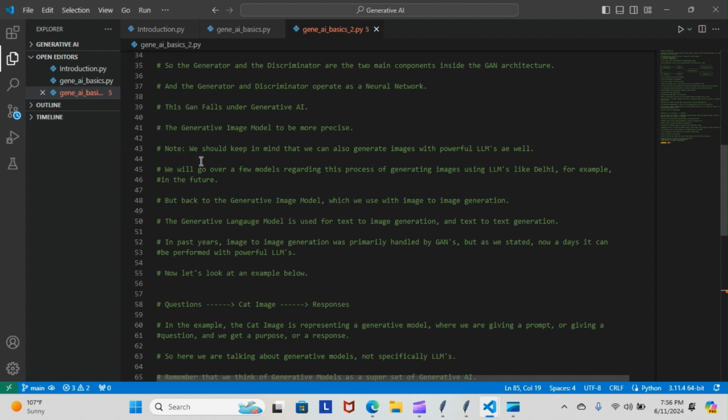But note, we should keep in mind that we can also generate images with powerful LLMs as well. We will go over a few models regarding this process of generating images using LLMs, like DALL-E, for example, in the future. But back to the generative image model, which we use with image to image generation. The generative language model is used for text to image generation and text to text generation.